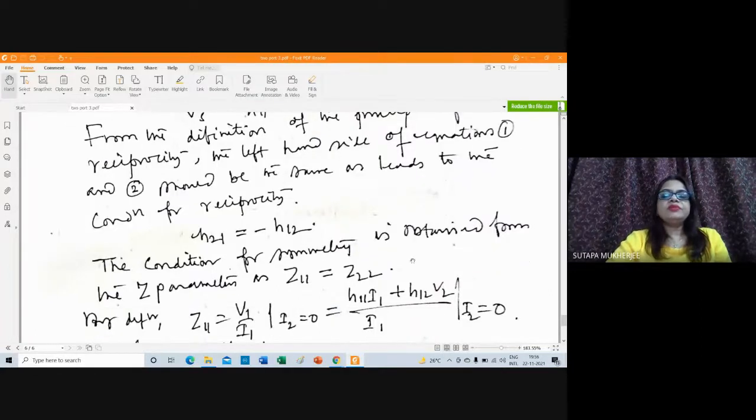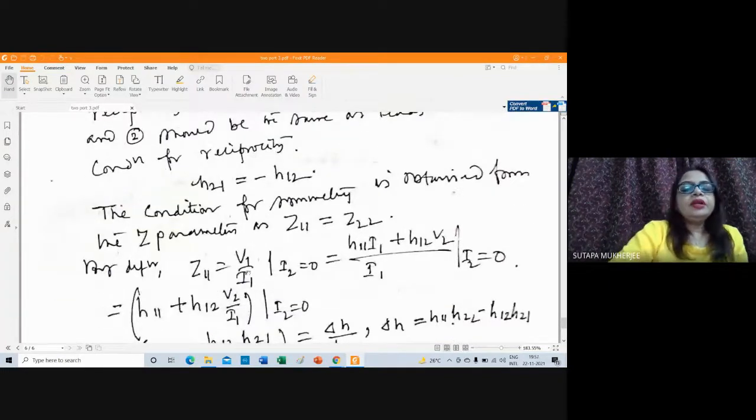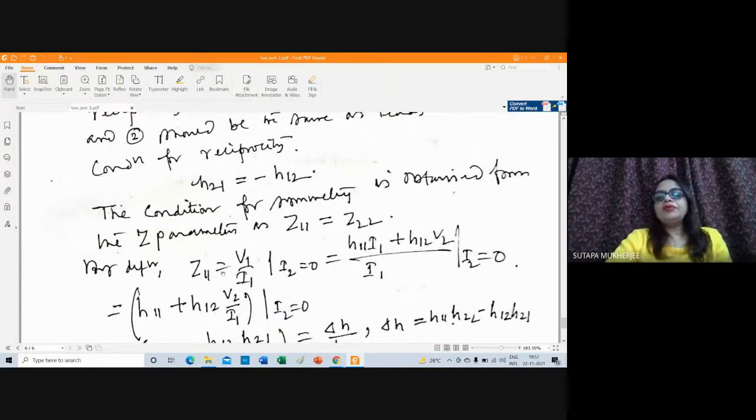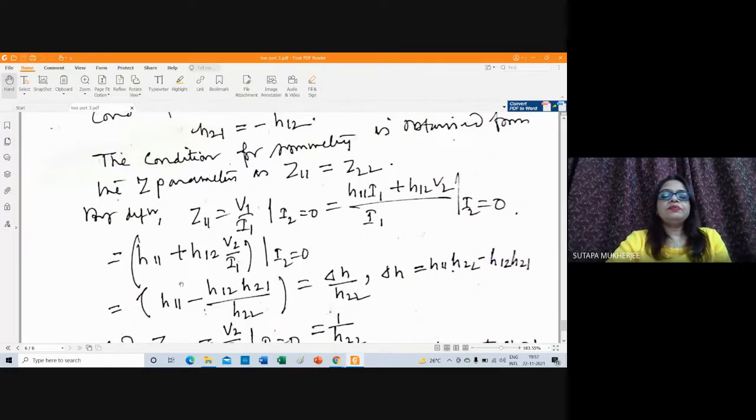The condition for symmetry is obtained from the Z parameters, that is Z11 equal to Z22, right? Z11 is V1 by I1; you have already seen this explanation in the case of inverse transmission parameters. I think you remember that. So H11 equal to this. Put the value of this, and V1 by I1 with I2 equal to 0, put it here.